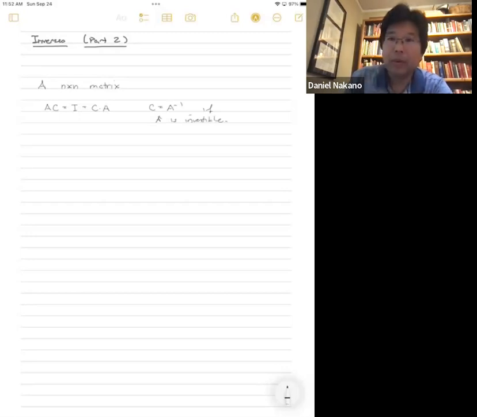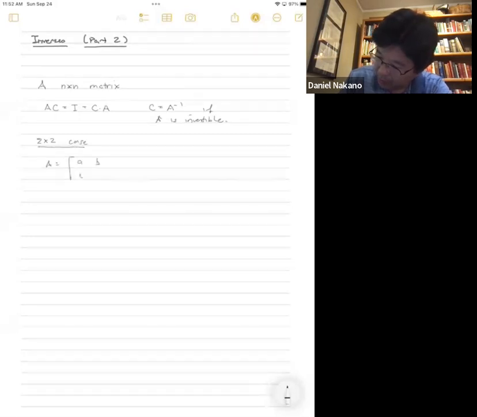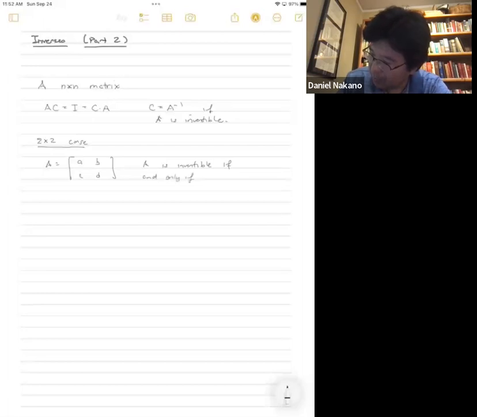For example, in the 2x2 case, we saw if A was equal to the matrix with entries A, B, C, and D, A is invertible if and only if AD minus BC is not equal to 0.